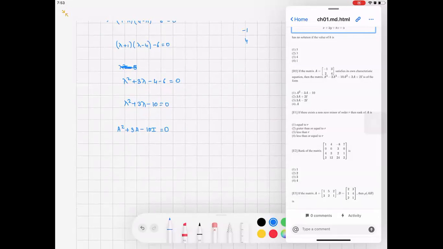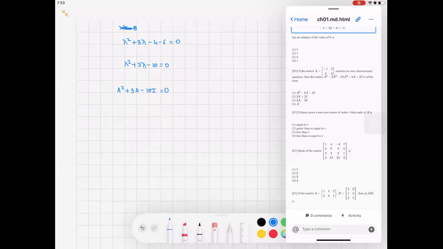In the problem, A power 4 minus 3A cube minus 10A square plus 3A plus 2I is asked.